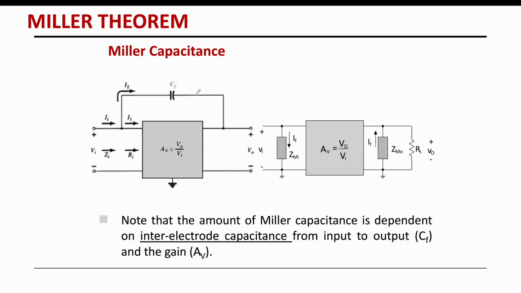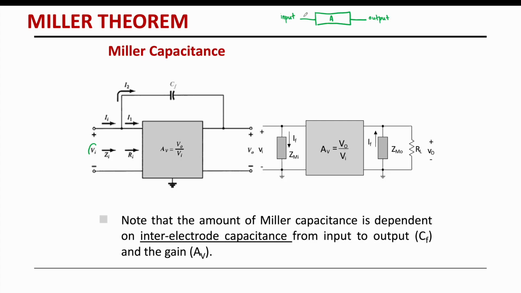Alright. So now let's say that we have an amplifier. So this is our amplifier. This is the input terminal, the input junction, and this is the output junction.